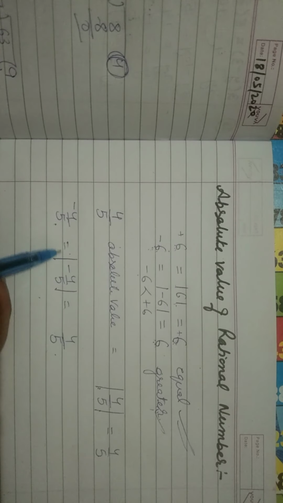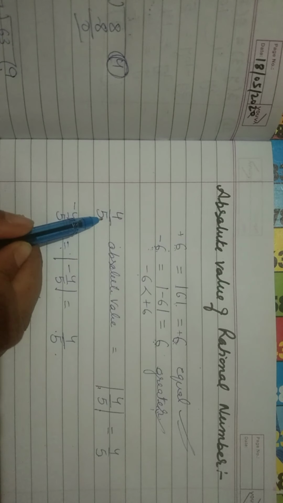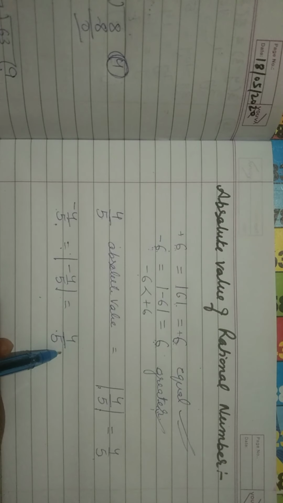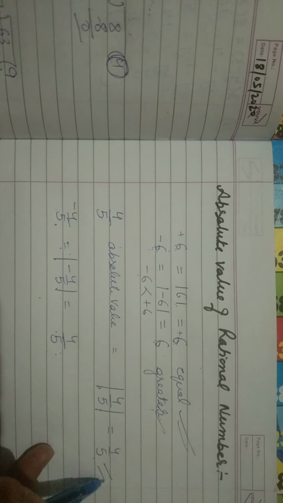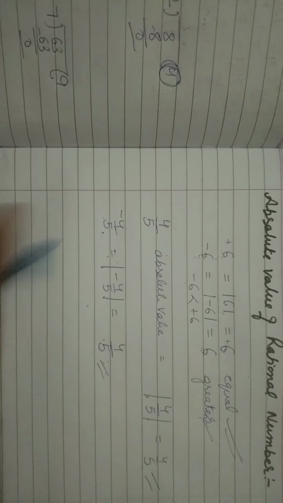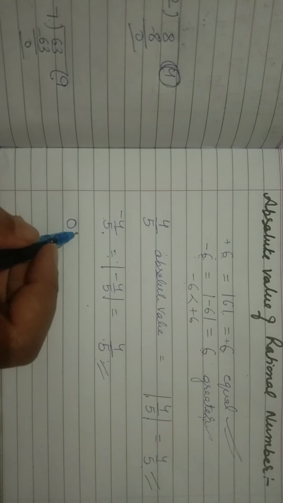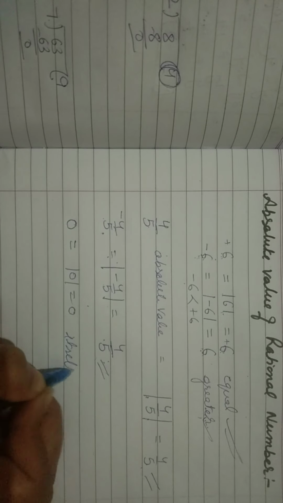The absolute value of every rational number other than 0 is always positive. So the absolute value of +4/5 is +4/5, and the absolute value of -4/5 is +4/5. So the absolute value of any rational number other than 0 is either equal to or greater than the rational number. Now what about 0? 0 is also a rational number, and the absolute value of 0 will be equal to 0 itself.